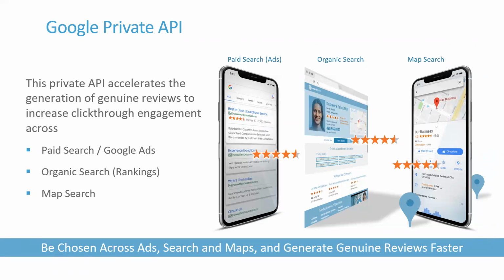We can turn simple pulse surveys into Google verified reviews without the customer having to rewrite the review for Google, if that makes sense. So we start to push the star averages across paid search for pay-per-click, organic search, and map search.